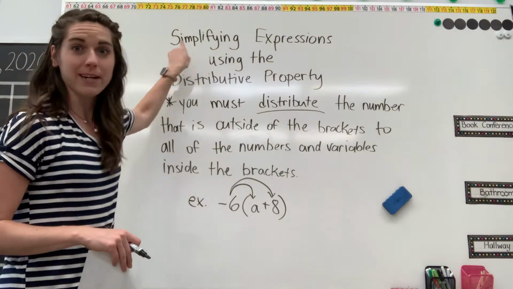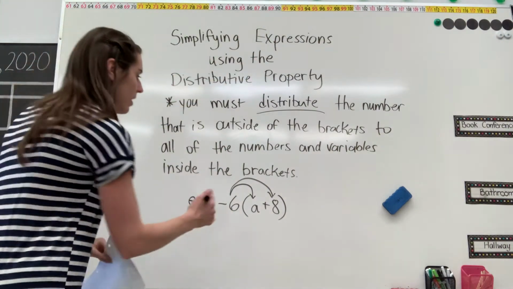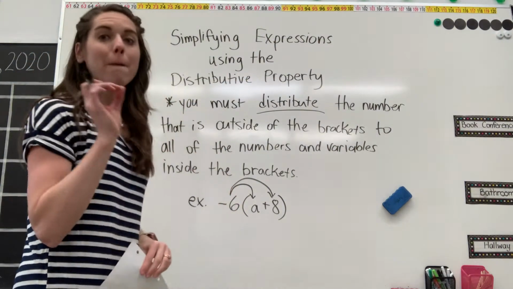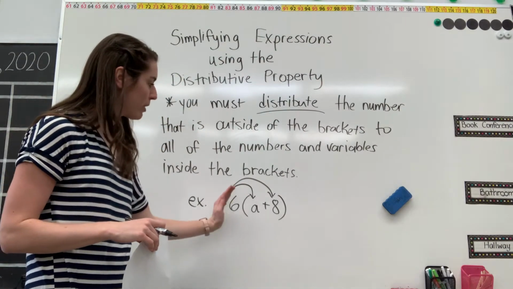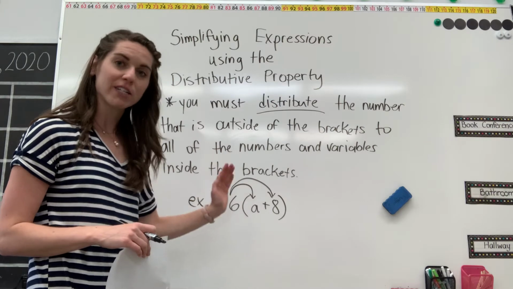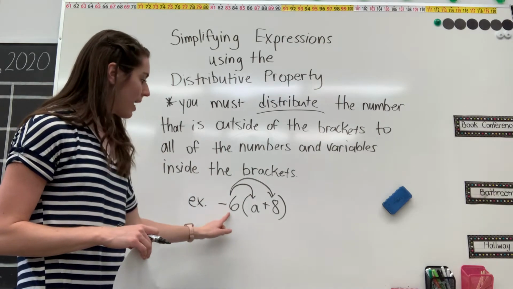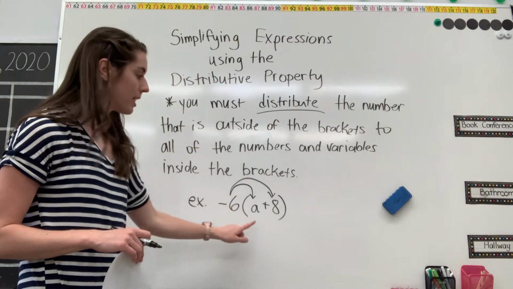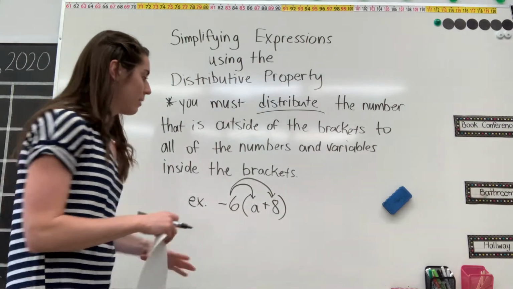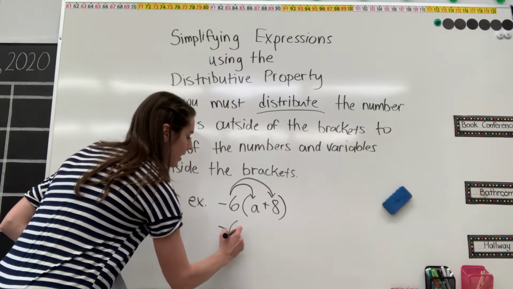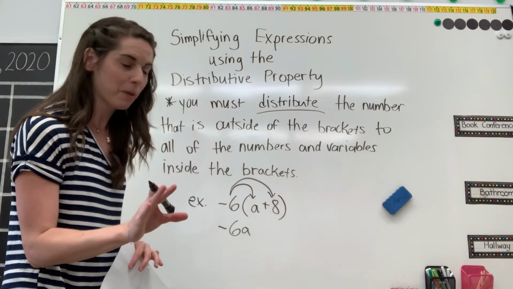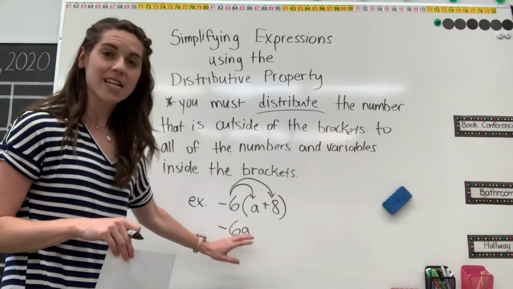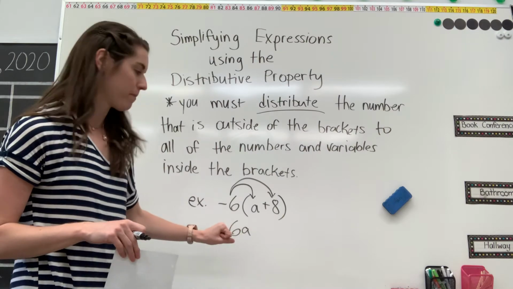That's the whole point of this, right? Simplifying the expressions. So -6 multiplied by A. That's what that means. Remember, when you have a number next to a bracket, it means you're multiplying. So right now you are multiplying -6 by A, which is -6A. Okay, we don't know what A is, and that's not the point, but now we have -6 of them, okay?